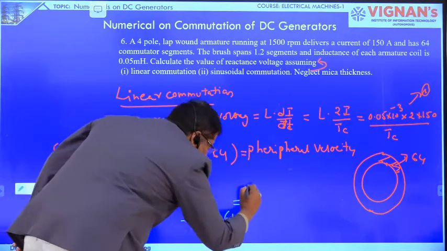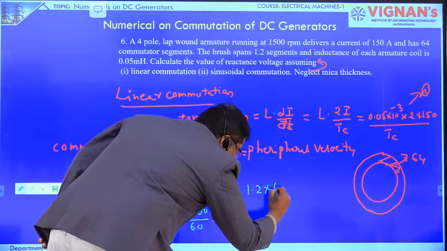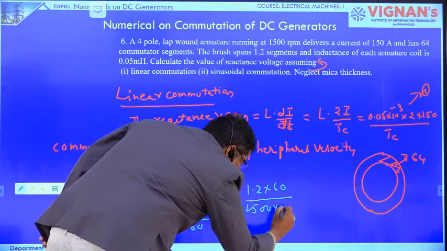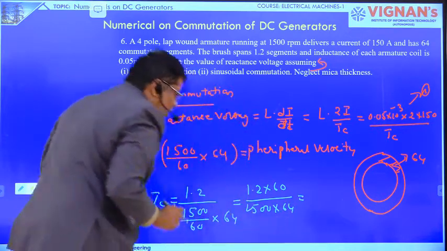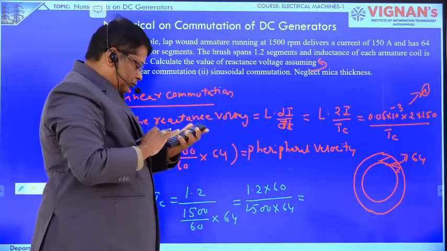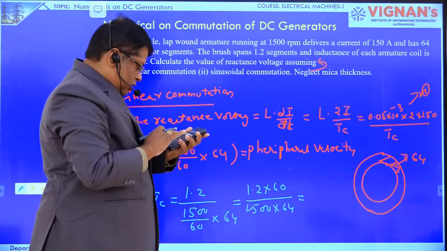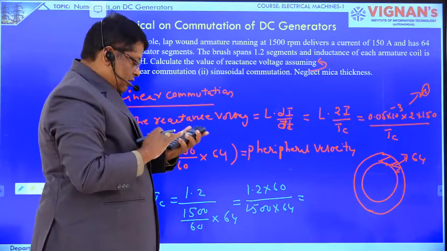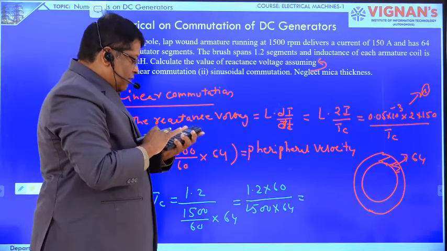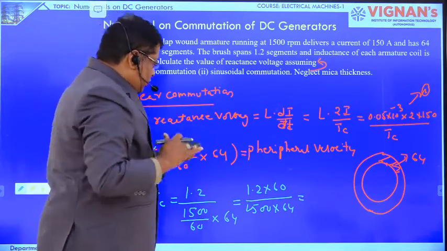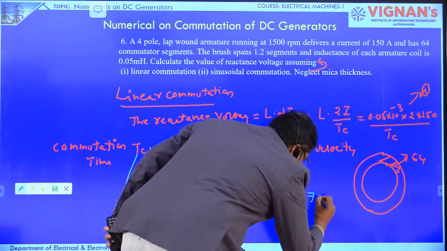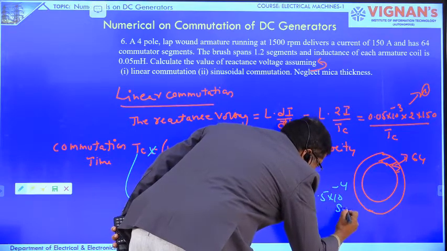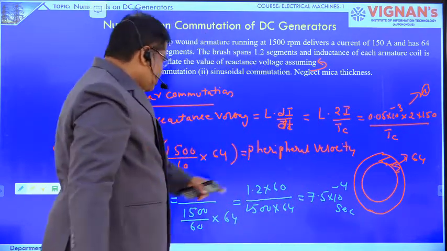If we simplify, 1.2 into 60 divided by 1500 into 64, you are getting 7.5 into 10 to the power of minus 4 seconds. This is the commutation time.